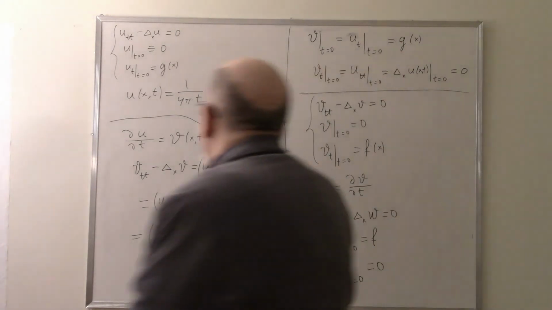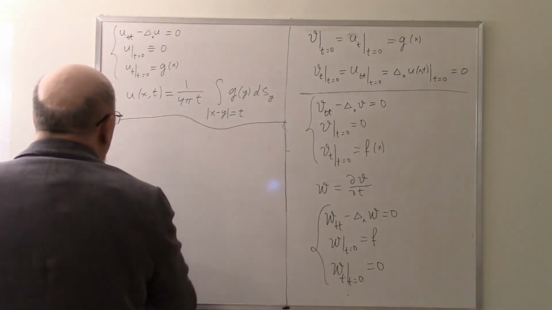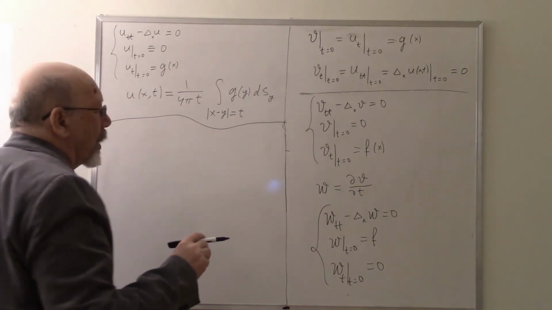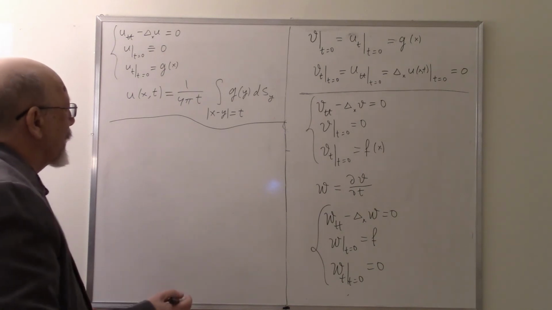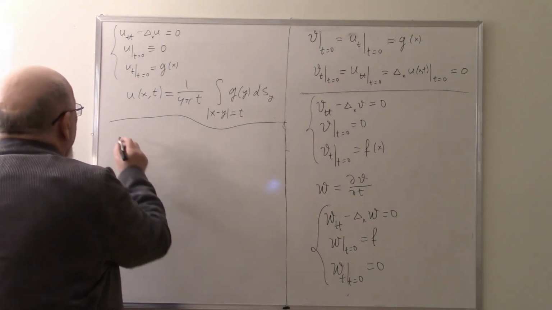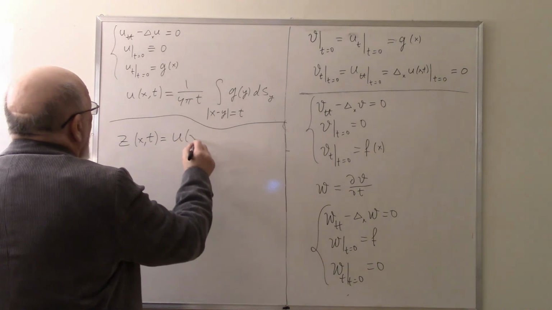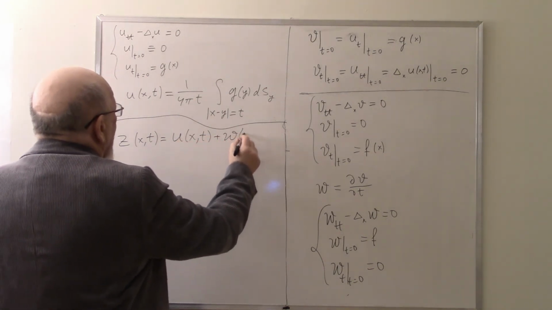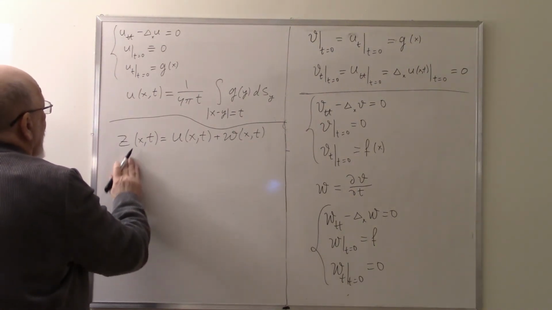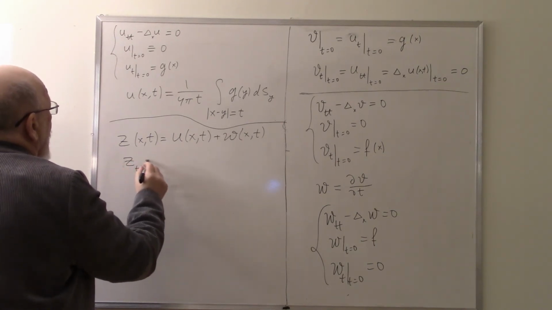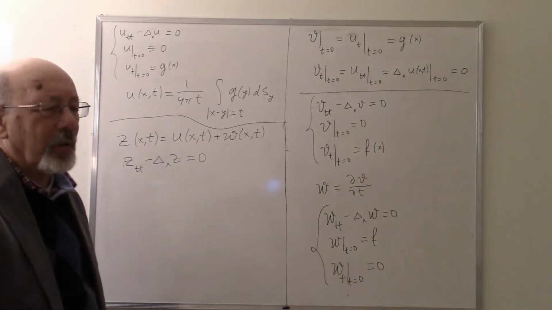And now what happens if you take the sum? We have u, v, w, which letter remains, z, of x, t equals u of x, t plus w of x, t. So z_tt minus Laplacian z equals 0, because it is a sum of two solutions and the equation is linear.